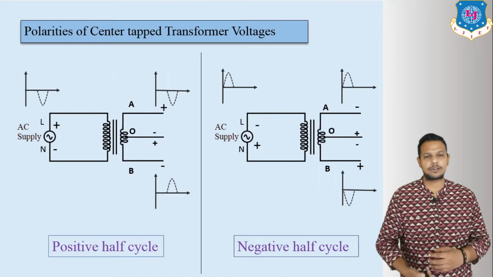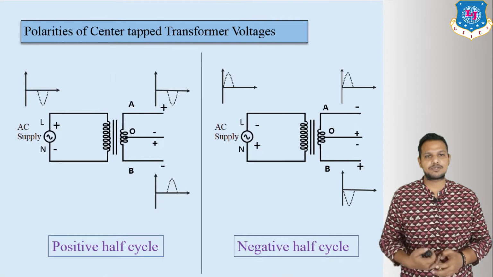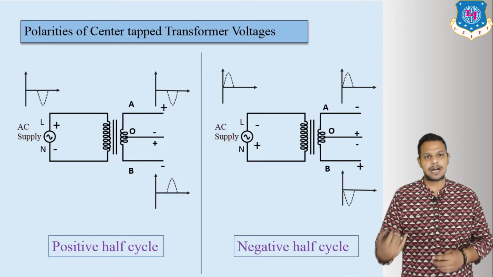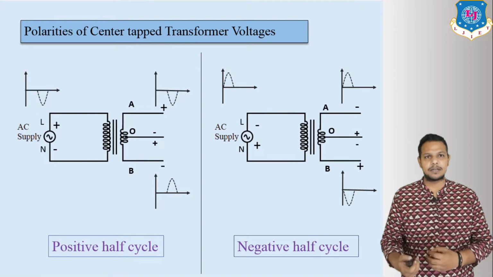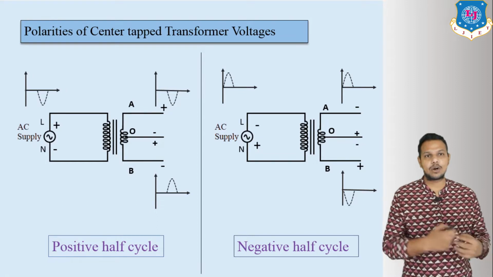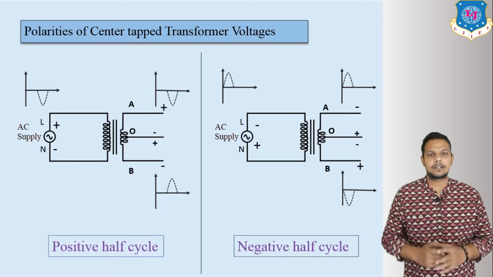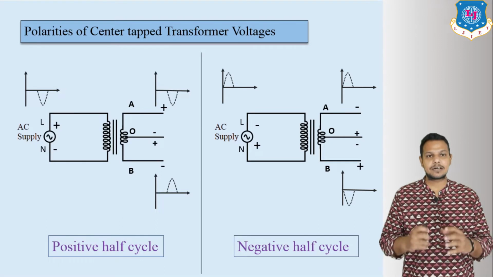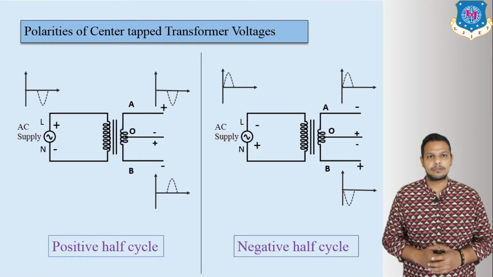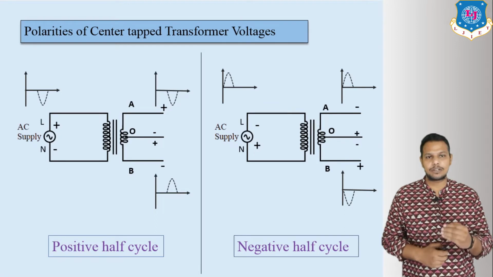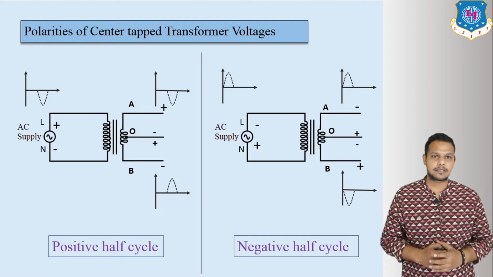Before we analyze the center tapped rectifier, let us refresh the secondary polarities of center tapped transformer voltages. Here is the center tapped transformer. In a center tapped transformer, we get two different output voltages.